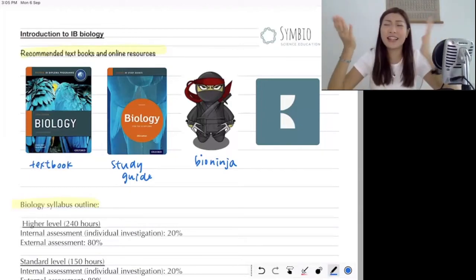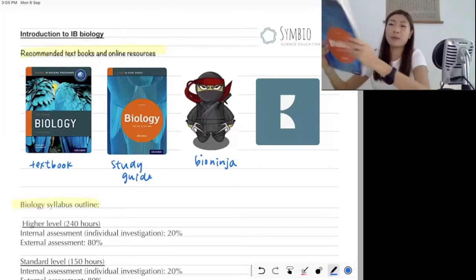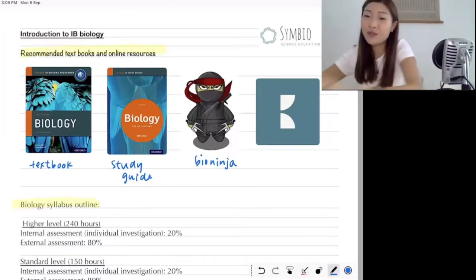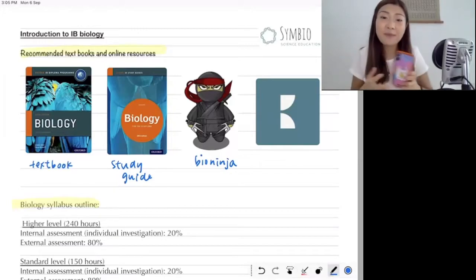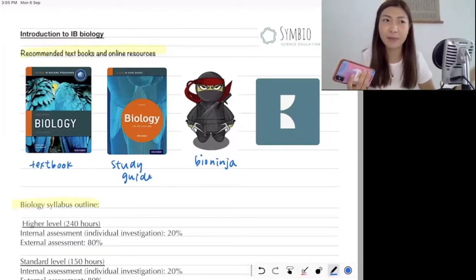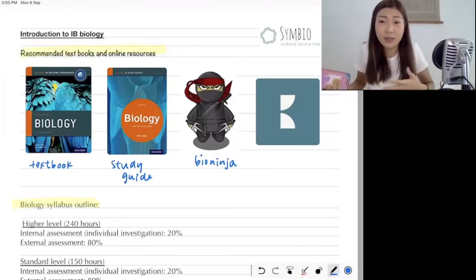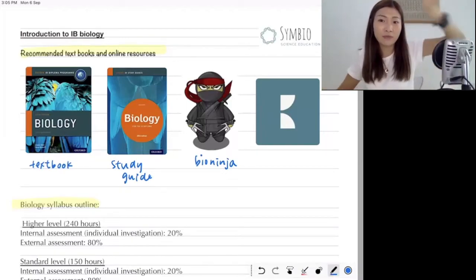I think it's even more accessible and portable than this. You just need your phone. They even have an app for BioNinja. This is not an ad, by the way, but I just love using BioNinja. It's always in my top few bookmarks.